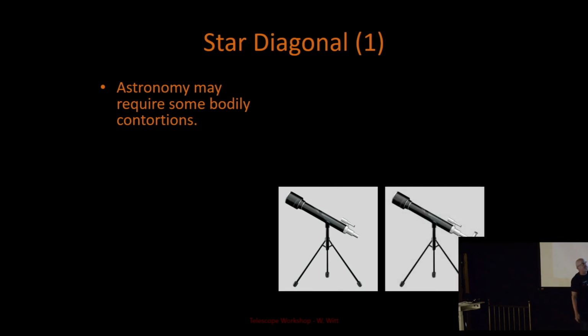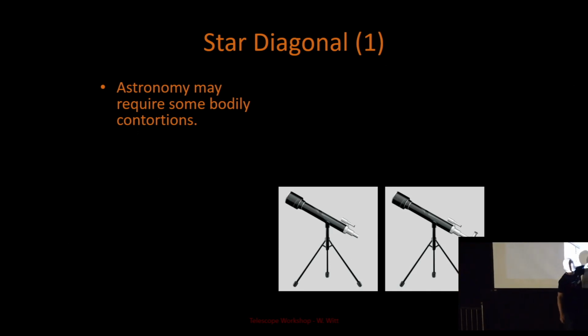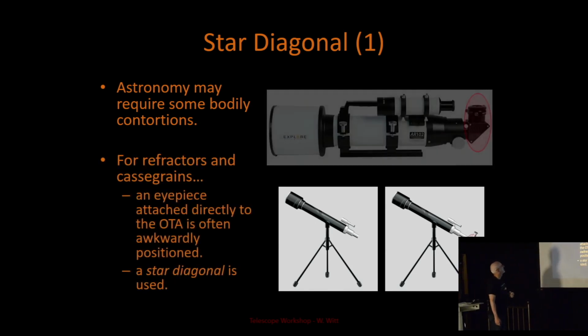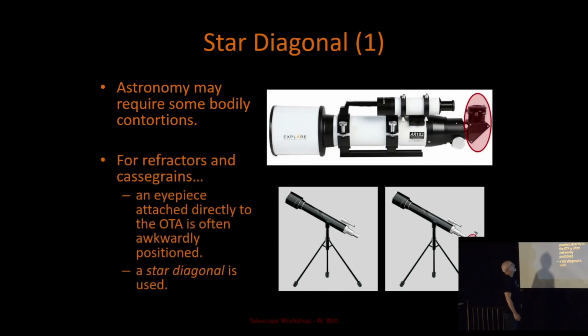We can't do that. Instead, we do this, right? We put a little mirror here. It's called a star diagonal. So I actually look into the eyepiece here. And that way, if the scope points straight up, I can look basically straight ahead. Does that make sense? So we put this to make ourselves less of a gymnast here, right? And so there's a star diagonal.